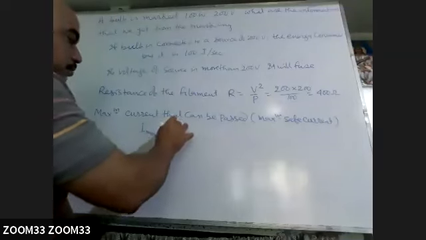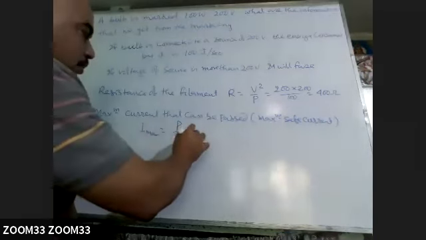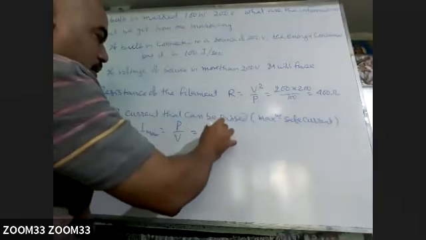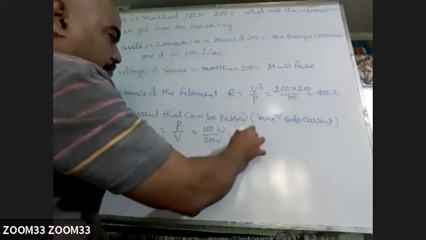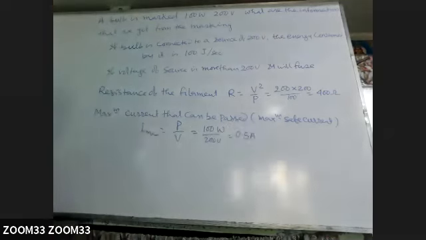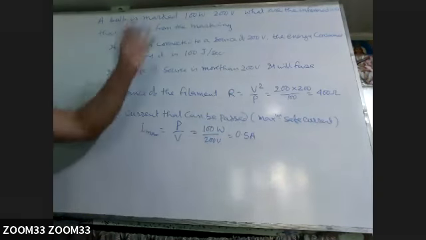So this is P over V, 100 watt over 200 volts. So 0.5 ampere. If anyhow, by connecting it in series or in parallel, the current exceeds 0.5 ampere, the bulb will fuse.